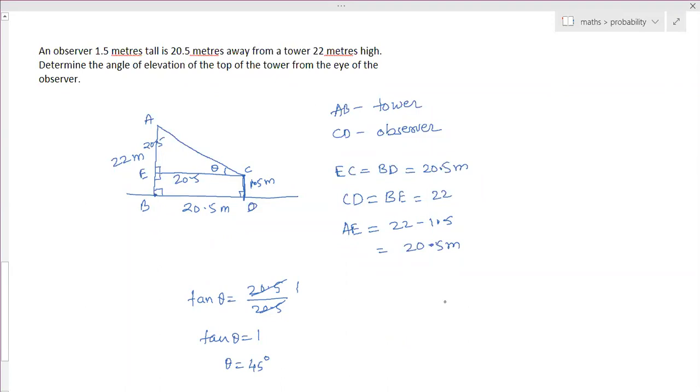Solutions are very easy once you get the diagram. But the problem is getting the proper diagram. So you have to read the question very carefully.